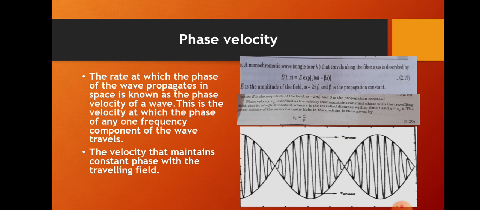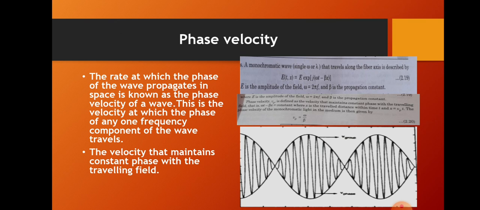So actually it represents the velocity that maintains a constant phase with the traveling field. Once again we can say phase velocity is the rate at which the phase of the wave propagates in space.